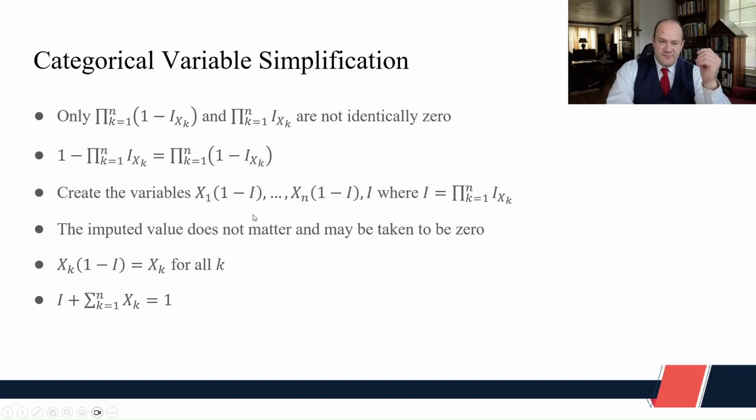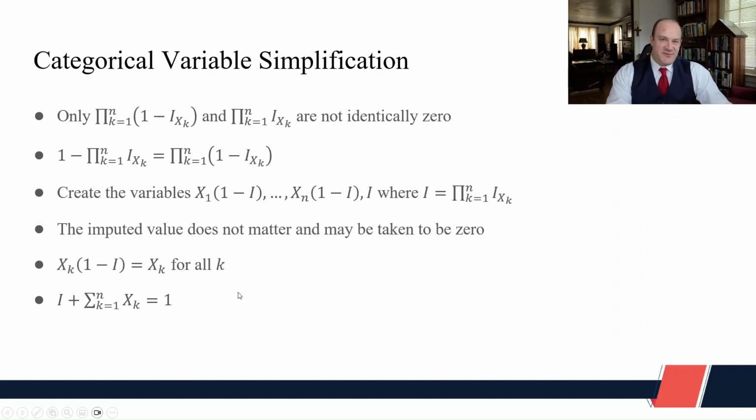And then because this is really just a bunch of xk's and xi, and we know that xi, or I rather, equals 1 precisely when everything's missing, but when everything's missing, all these guys are 0. What that means is that the sum of these guys is identically 1. So what does that mean?